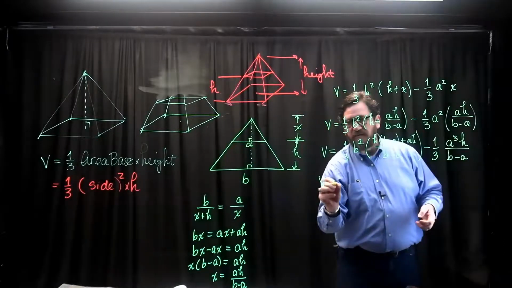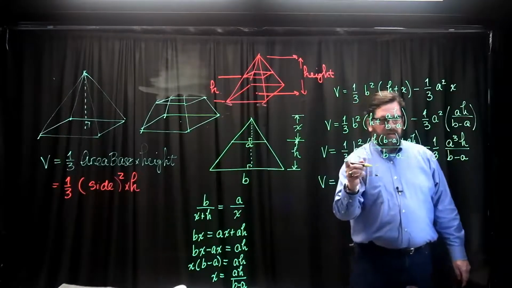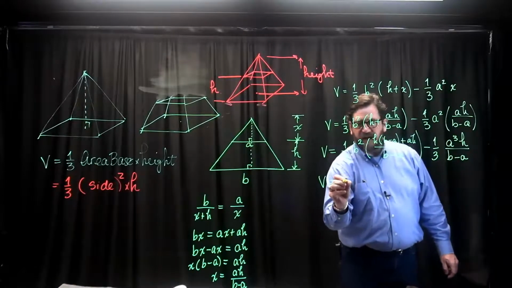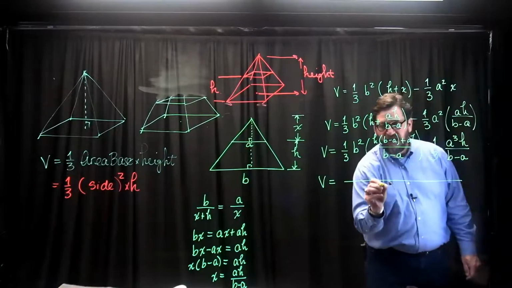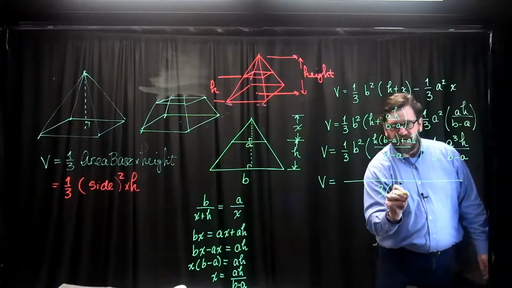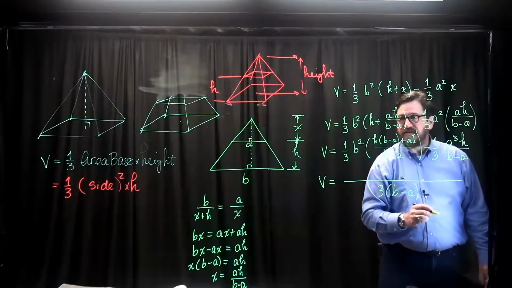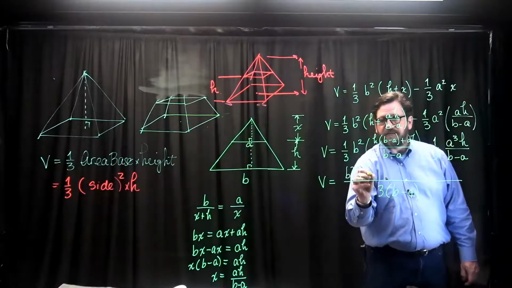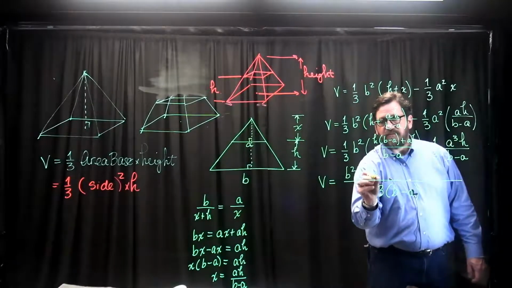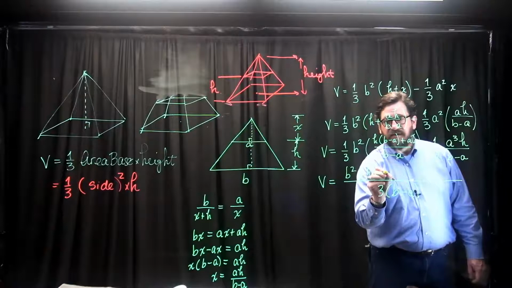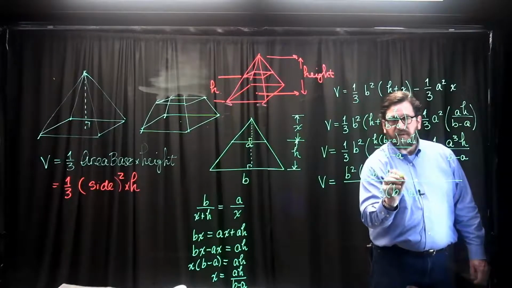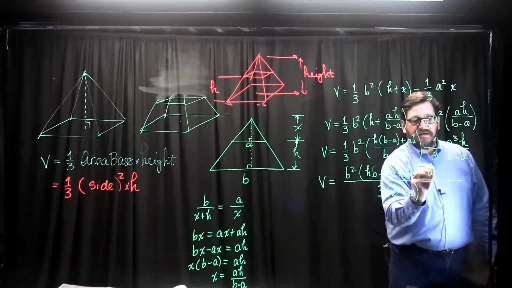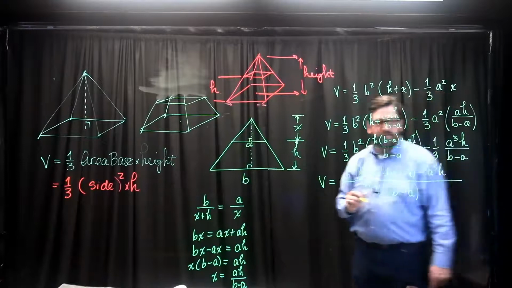So I'm going to have volume is equal to, and I'm going to collect all of my denominators together at one time because I have common denominators in both. I have 3 times the difference of the bases, and I'm now going to have b squared times h times (b minus h times a plus a times h) minus a cubed h.